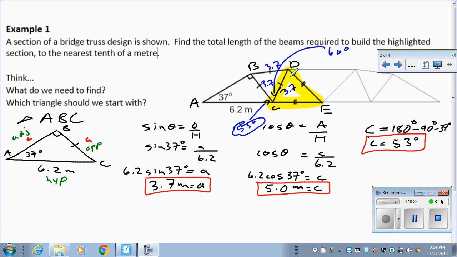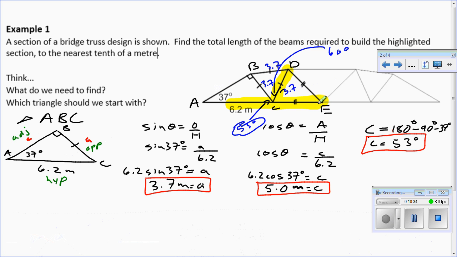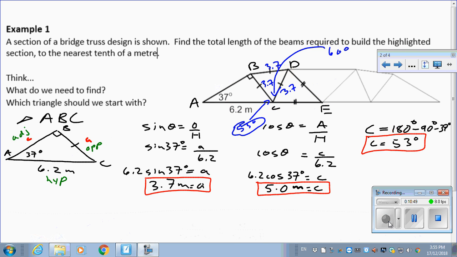More specifically, we're going to need angle DCE. If I extend the line all the way across, that's 180 degrees. But we know that we have 53 degrees and 60 degrees here, which means that we can find this angle by subtracting those two from 180.